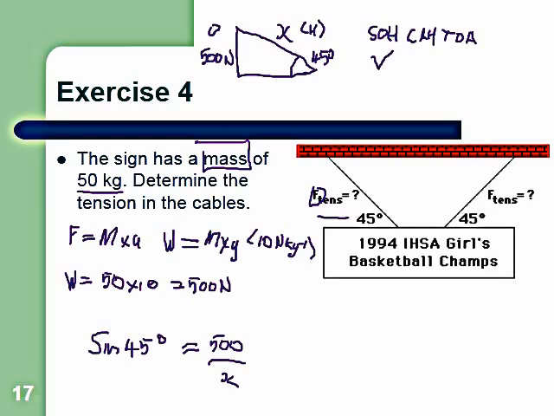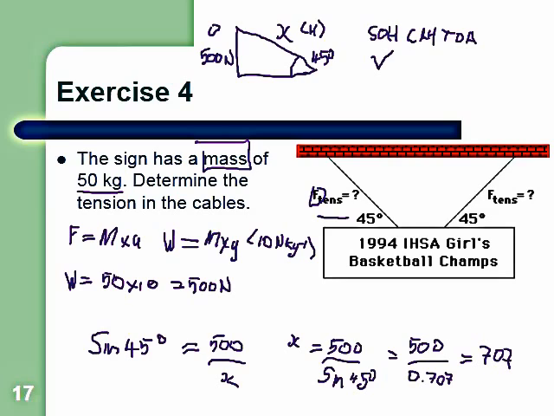So therefore, rearranging, x will equal 500 over the sine of the 45-degree angle, which equals 500 over 0.707, and the final answer you should hopefully get is 707 newtons for your tension force.